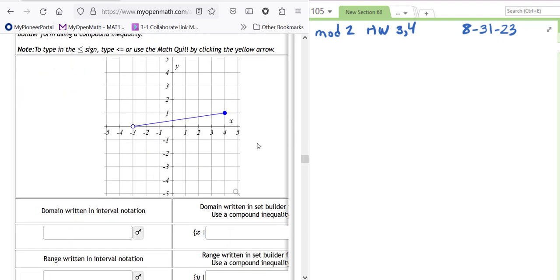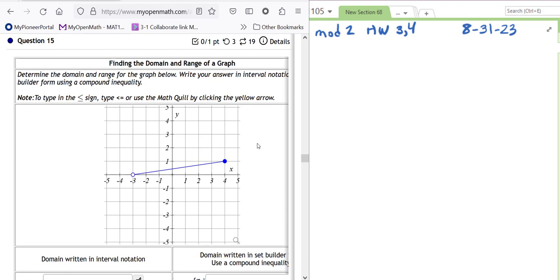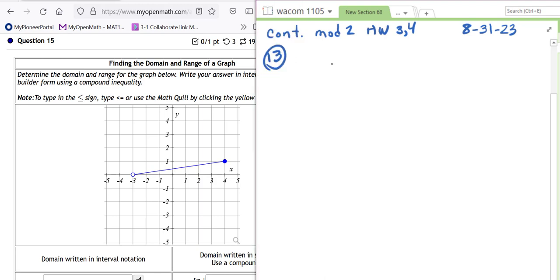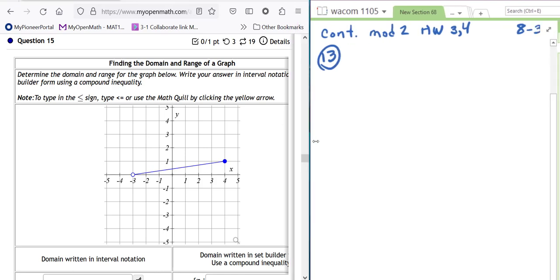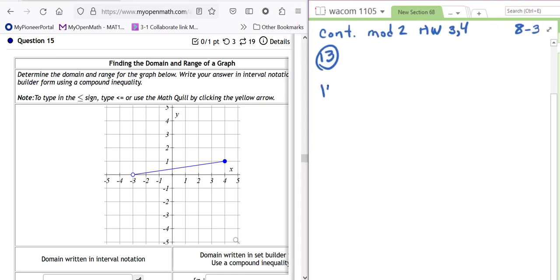All right, so we're going to write the domain and range in interval notation. We've done that a little bit already. So this is 15. We didn't do anything with 13. Well, we did the problem, but I didn't write anything down.